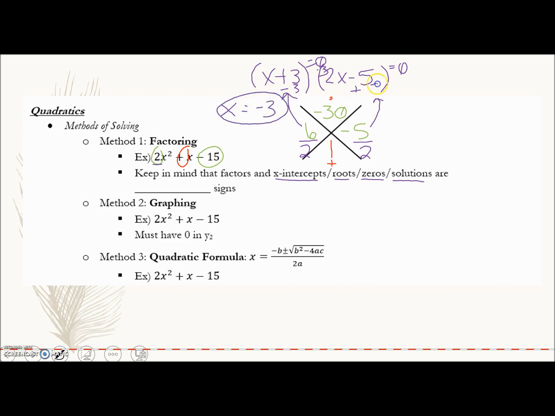For this one, I would add over the 5, and then I would divide by that 2. So this next one is 5 over 2. So basically, you're just unsliding it and changing the sign. So since this is x plus 3, it was a negative 3. Since it's 2x minus 5, it was a positive 5 over 2. And so the factors and x-intercepts, roots, zeros, solutions are opposite signs.